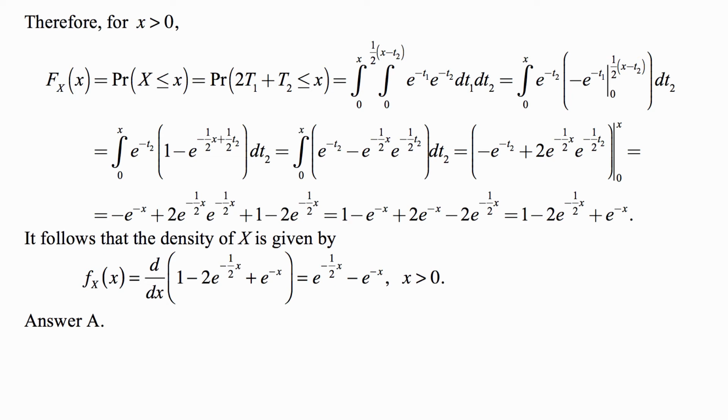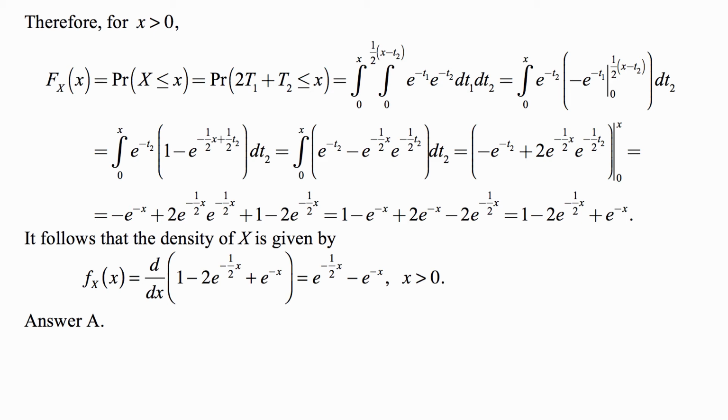Okay, then we combine the terms that have e to the minus x, and we get just one positive e to the minus x, and then the whole expression becomes 1 minus 2 e to the minus 1/2 x plus e to the minus x.